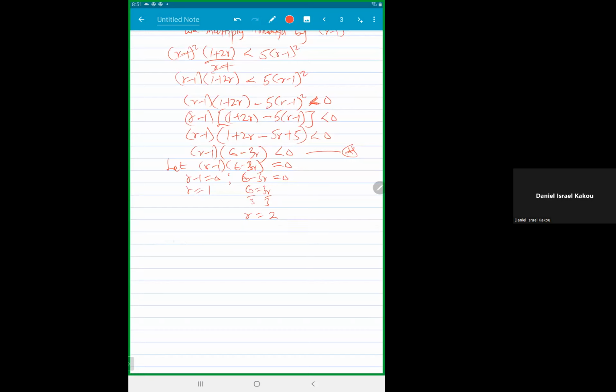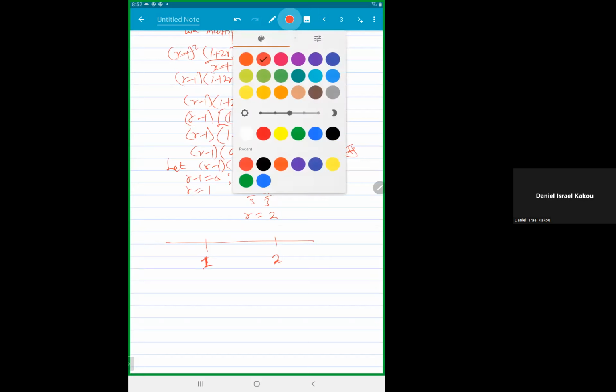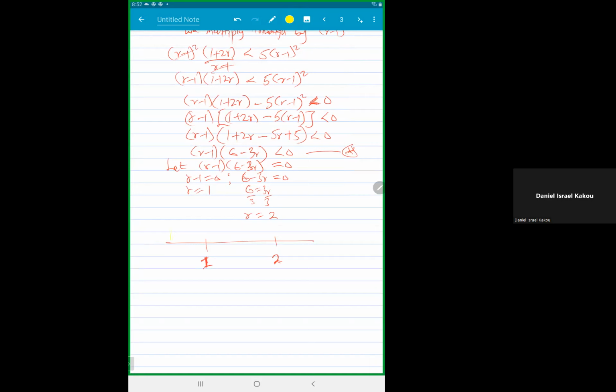So usually you'd realize I would represent this whole thing on a number line like this. So all the values of r we are looking for, they may either be in this region or here or here. Now, how do we get to know that?